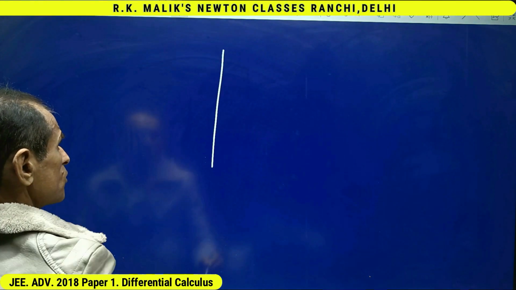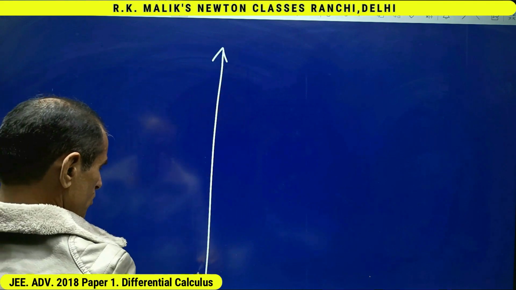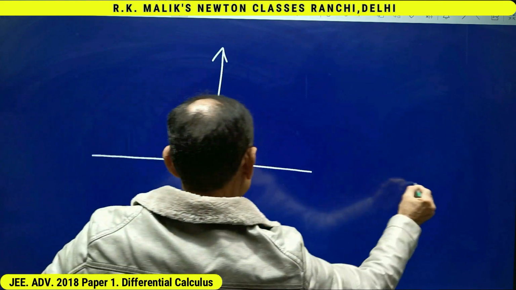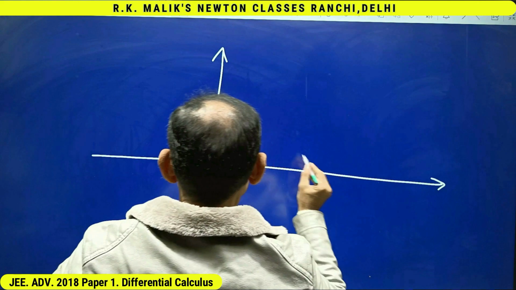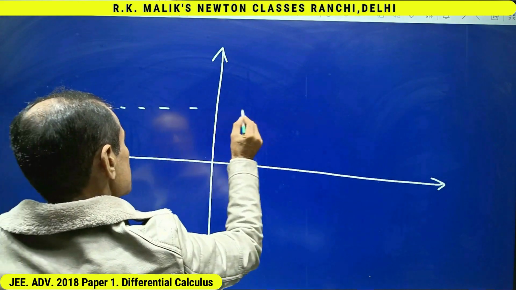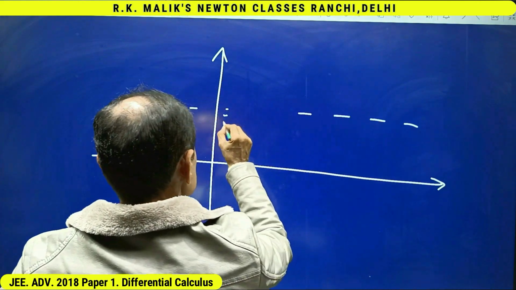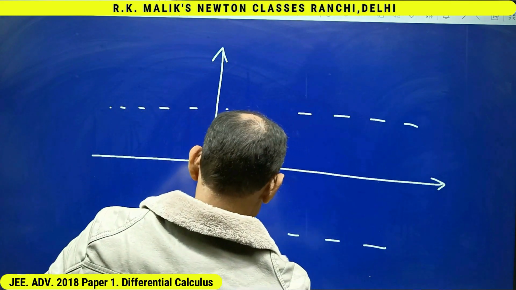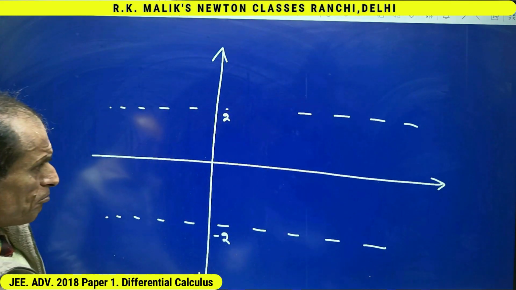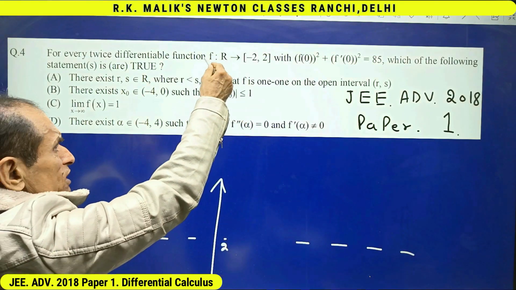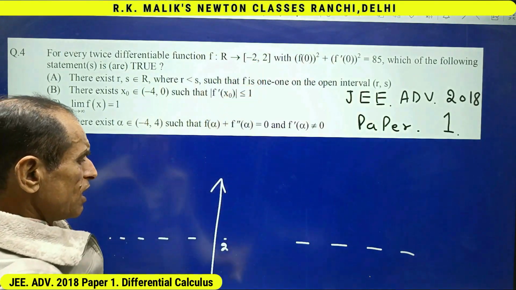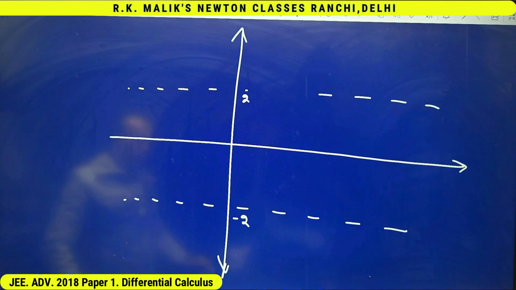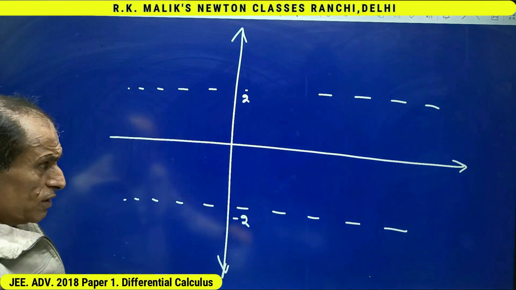See how. I draw a line through -2. Keeping this information in mind, I will draw a graph which lies in this portion only.